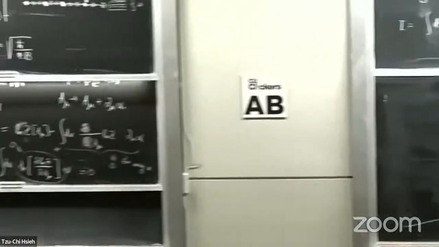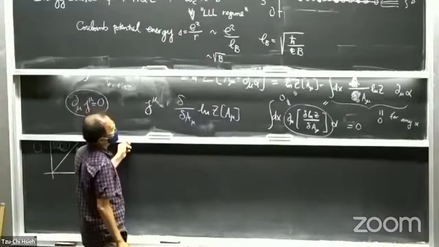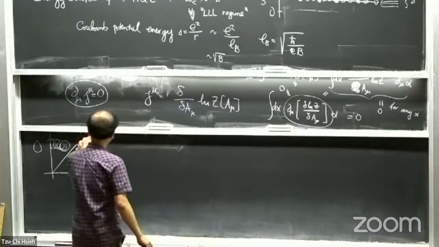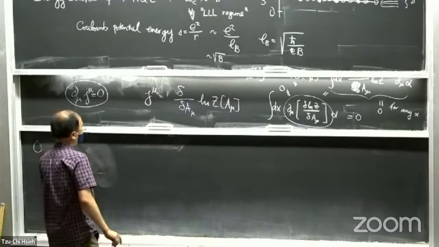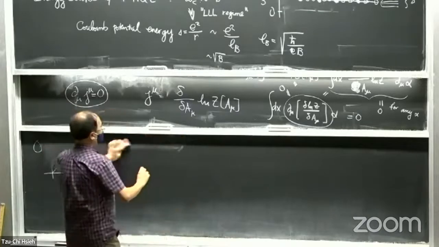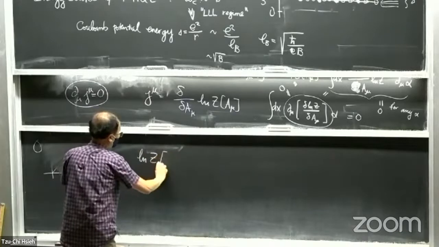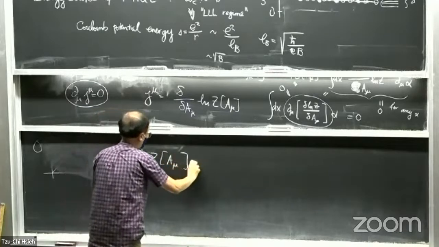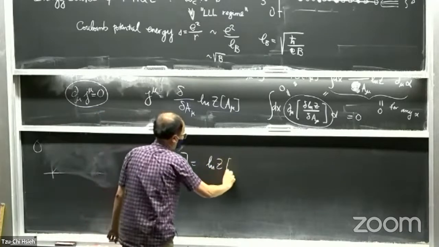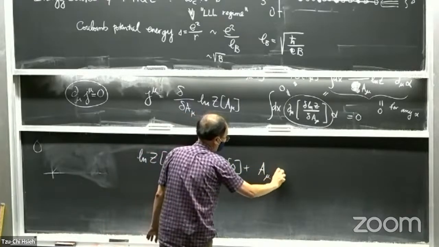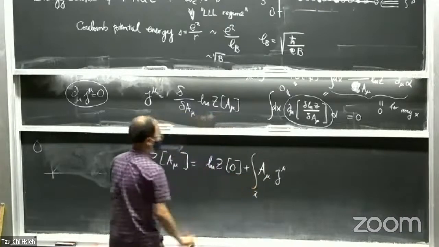So here, how does the current appear? We say that the current is like the logarithm of the partition function as a function of A. Think about that as saying that in the expansion over A, the logarithm of Z of A_mu looks like the logarithm of Z of 0 plus A_mu times J^mu, all integrated over x.